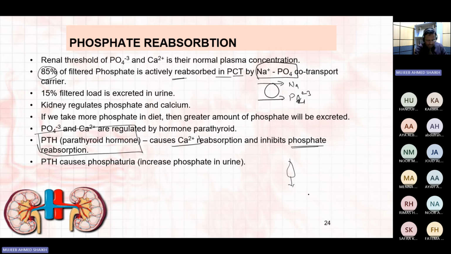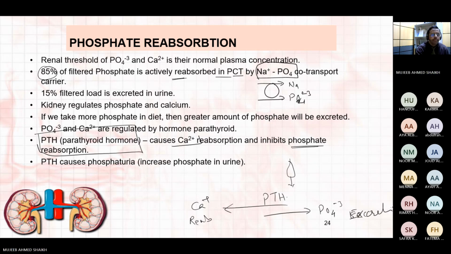Parathyroid hormone will cause calcium reabsorption and loss of phosphate. This is the action of PTH, or parathyroid hormone: reabsorption of calcium and excretion of phosphate. Increased phosphate in the urine is known as phosphaturia.